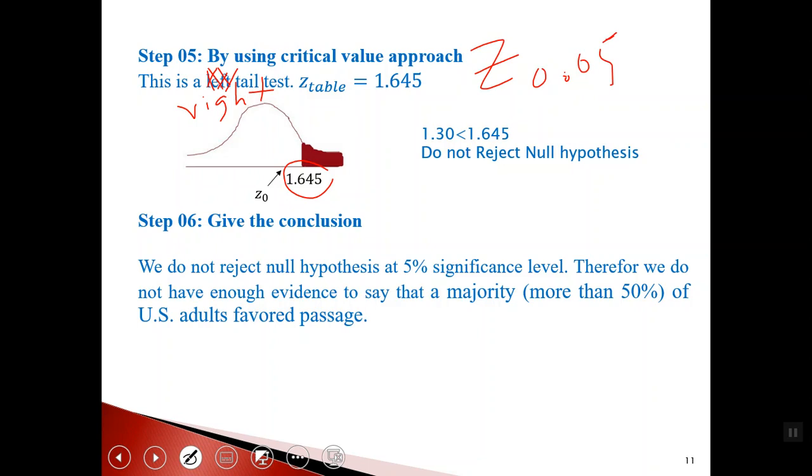Your calculated Z value is, I think, 1.3, right? So your Z naught is 1.3. This is your Z alpha.